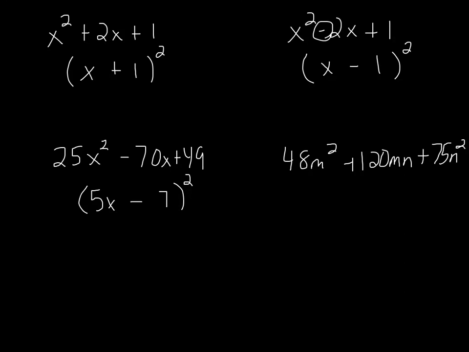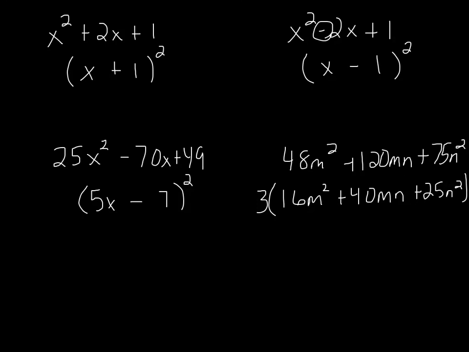All right, and on this last problem here, if you look first, we don't have perfect squares, so I'm looking for greatest common factor, and that is going to be 3. Okay, and if you pull out the 3, you get 16m squared plus 40mn plus 25n squared.